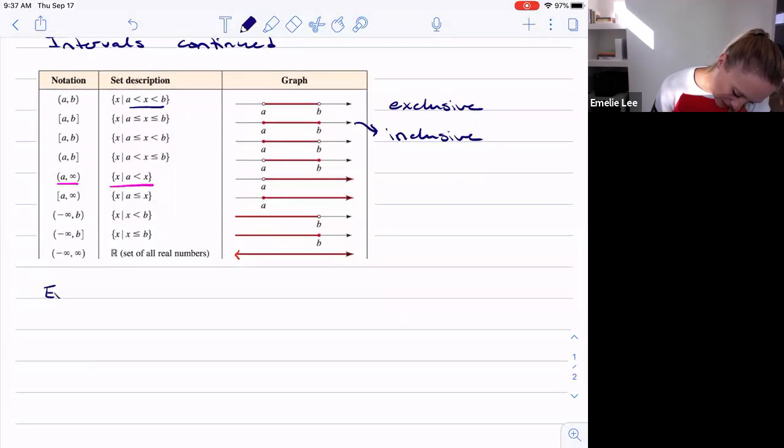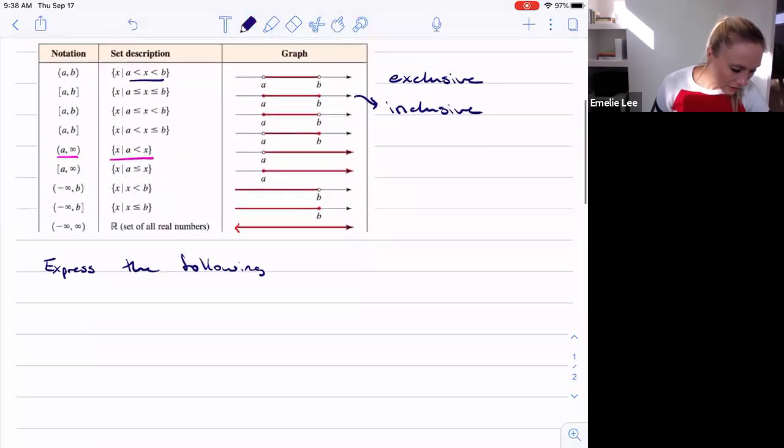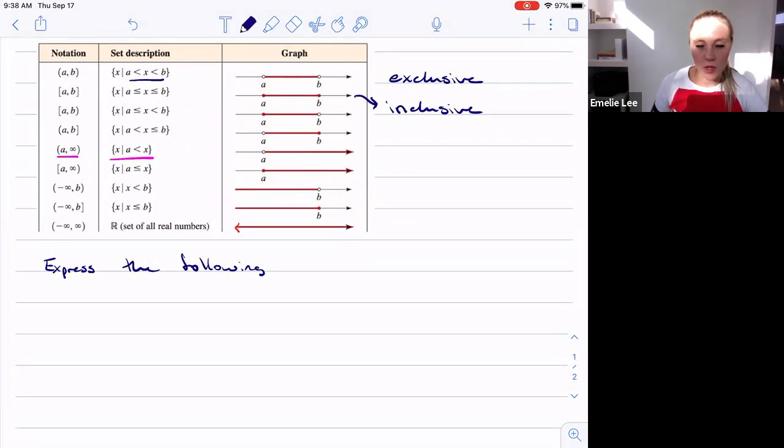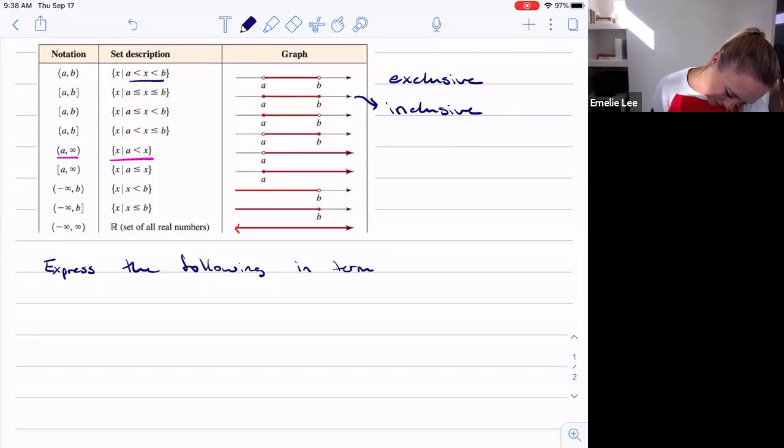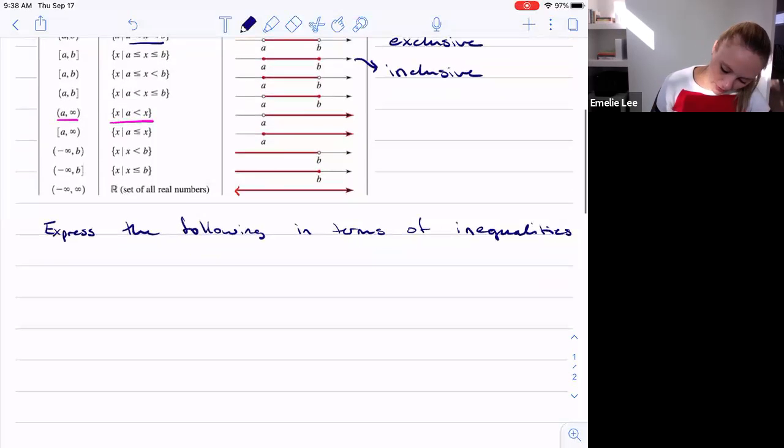So what if I wanted you to express the following in terms of inequalities, so less than, greater than, less than or equal to? Express the following in terms of inequalities, then graph the interval.